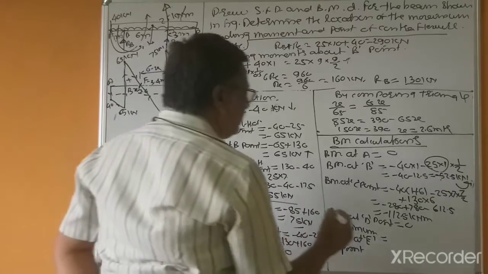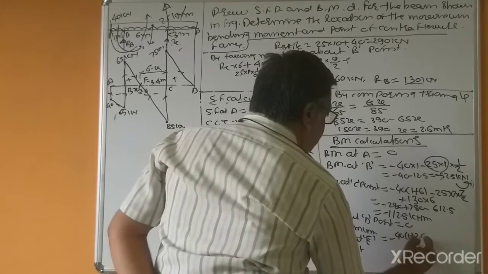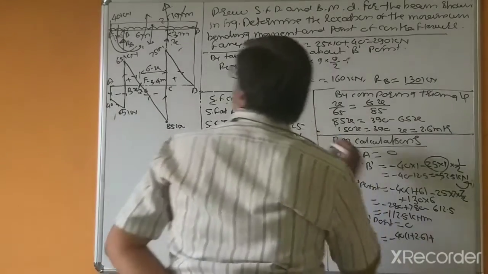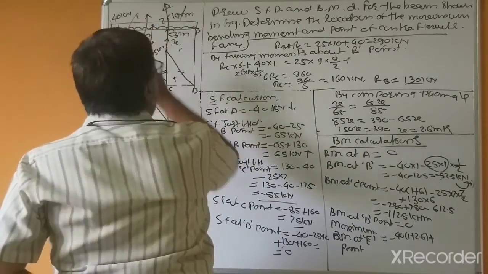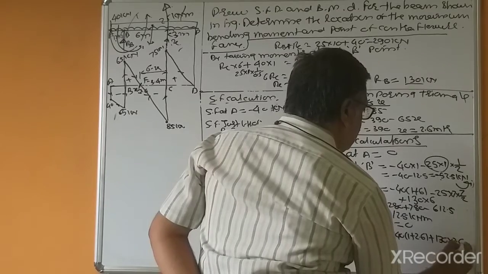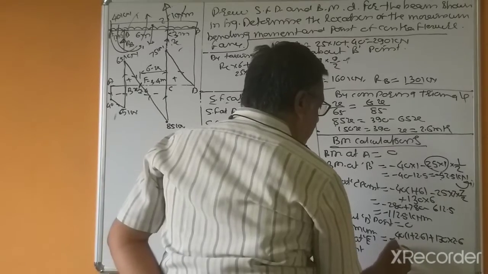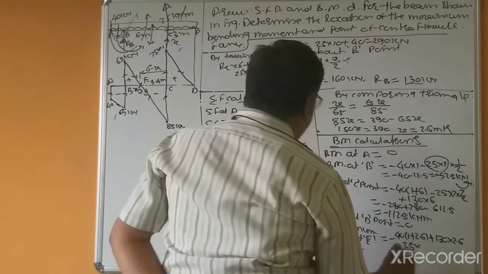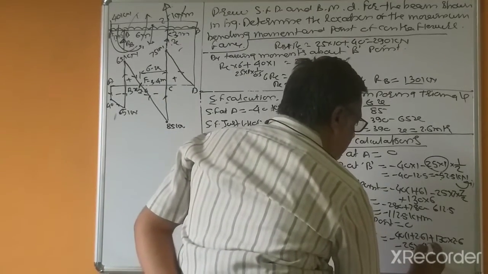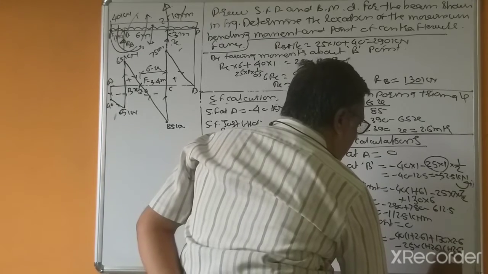This is 40 into 1 plus 2.6, minus, this is plus because this is an anti-clockwise moment, 130 into 2.6, minus 25 into the distance 1 plus 2.6, and half of its distance.